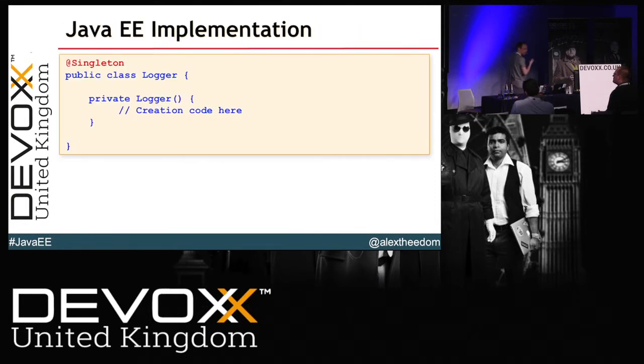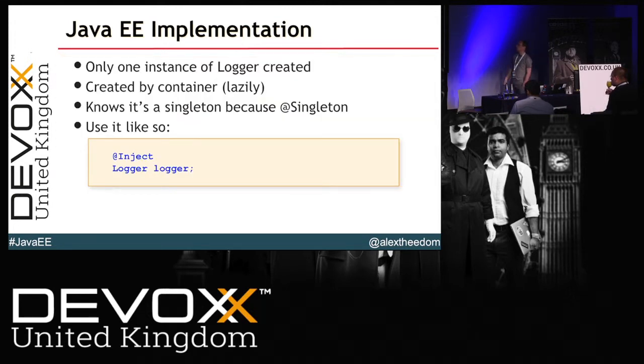This is a lazily instantiated, thread-safe singleton object. And as you can see, the first thing is quite obvious. All we really are concerned about here is just the creational code. We are just interested in creating the code, and we let the container instantiate our object and manage it. Okay? To use it, we inject it at an injection point, as we do with all of our injectable objects.